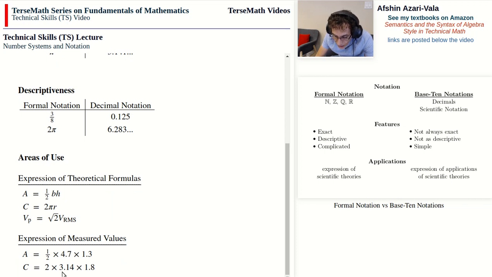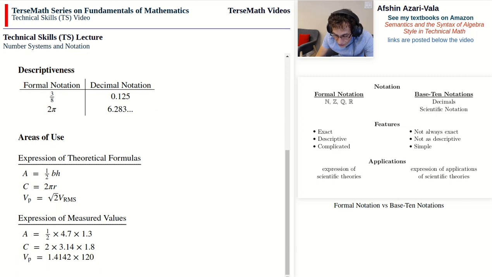Circumference is 2 times, now you see I replaced pi with its approximate decimal equivalent of 3.14. And the radius in this case is 1.8. And here's one for the peak voltage. Right, you see that root 2 has now been replaced with 1.4142. Of course, how many digits you keep depends on how accurate you want the result to be.